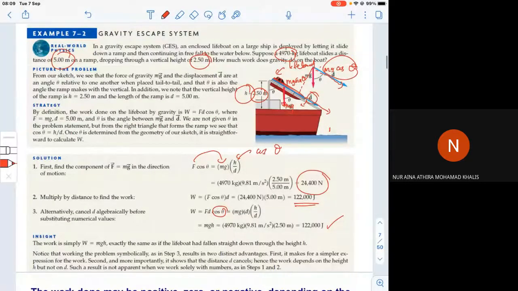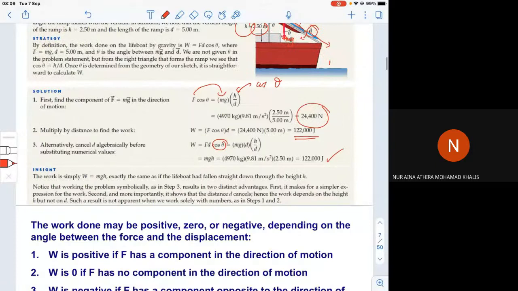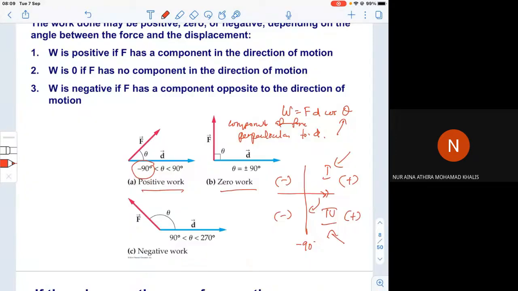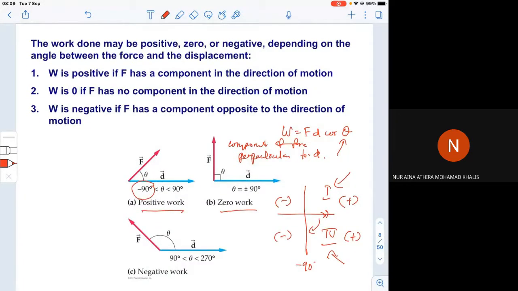This is also some examples that we obtained yesterday. This is how you separate which angle can give you zero work, which angle can give you positive work, and which angle can give you negative work.